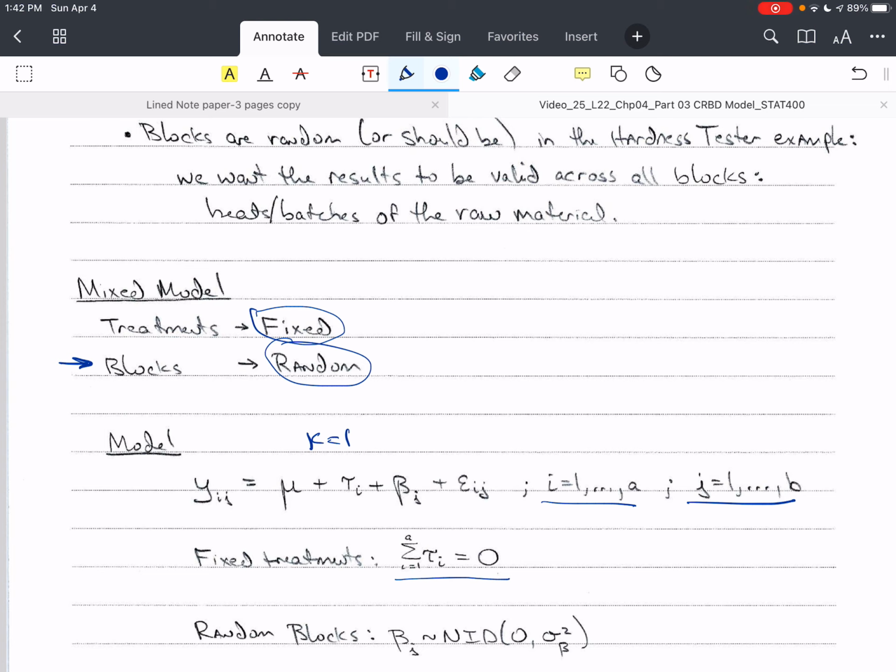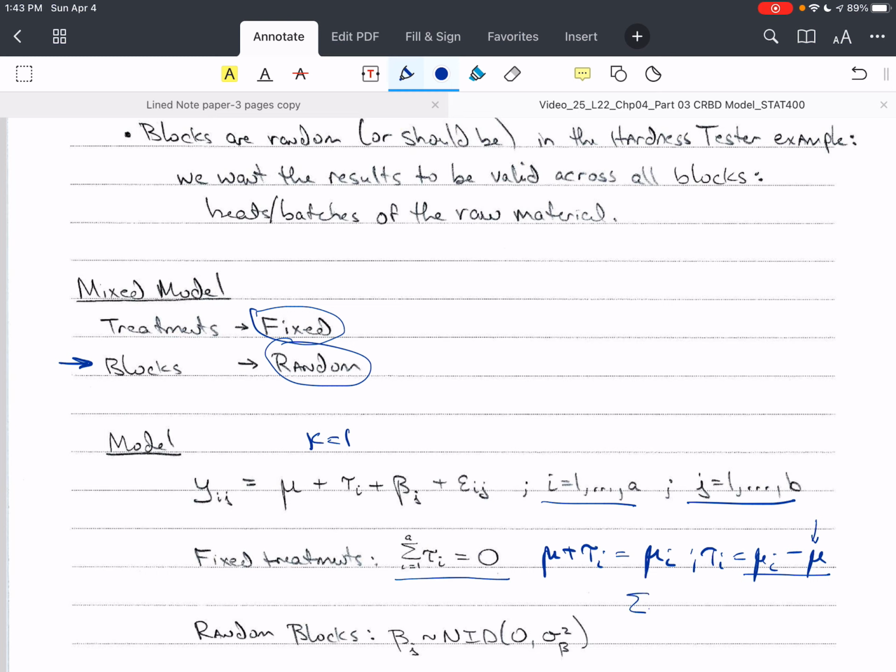equal to 0. And again, this is a very logical assumption because we have mu, so mu plus tau i is equal to mu sub i. And so tau sub i equals mu sub i minus mu. And so mu is a constant, and then the different mu i's, especially if it's a balanced model, then we expect all of these differences to add up to 0.